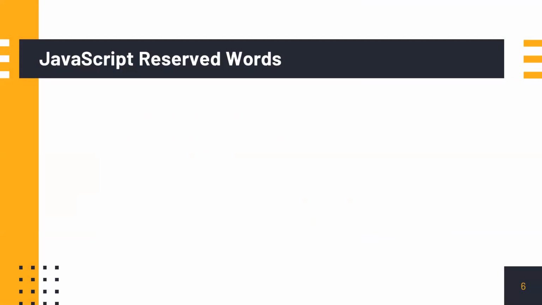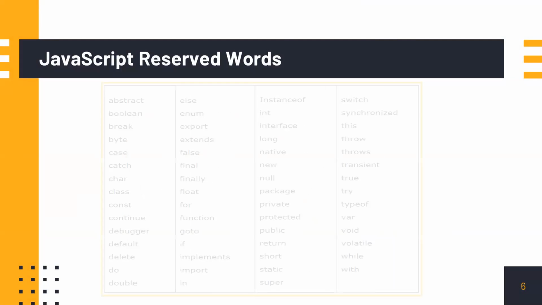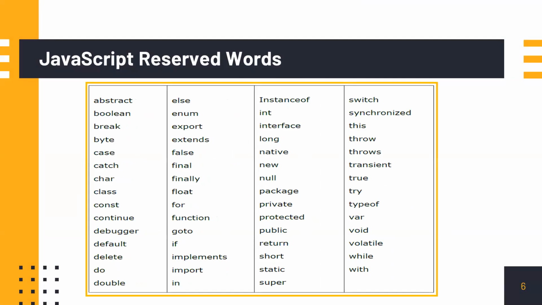Okay, now next thing we will learn: there are some reserved words in JavaScript. These words we cannot use as a variable, a function, a procedure or anything.